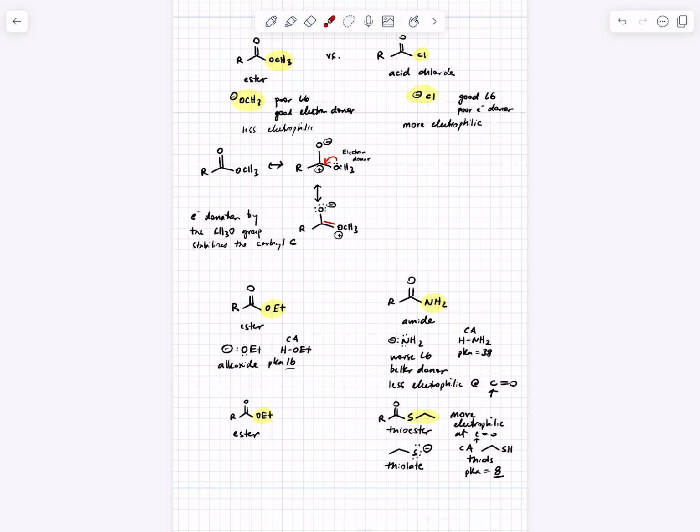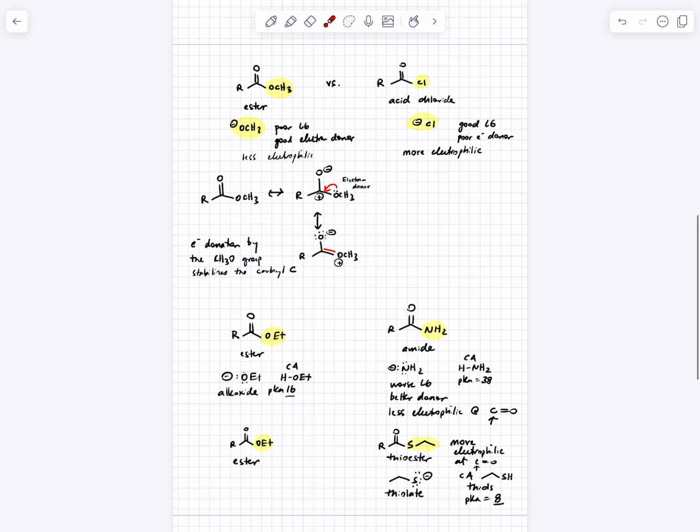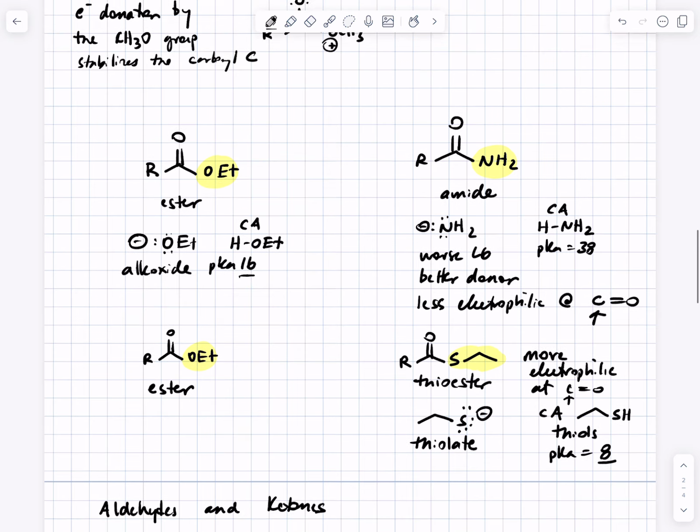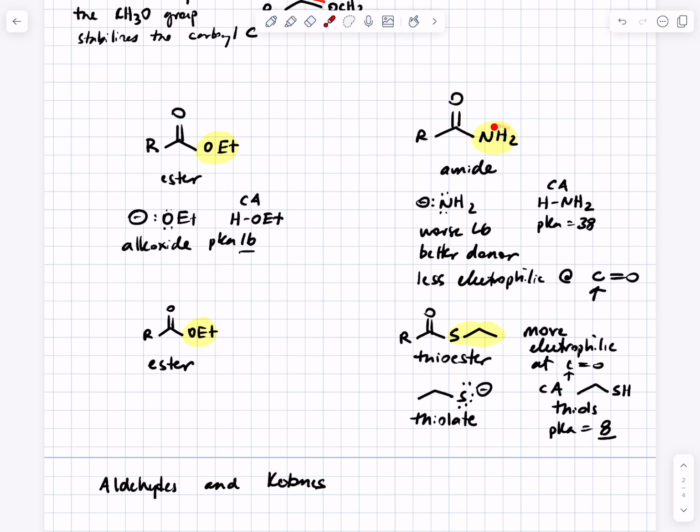Okay, one thing we need to talk about, though, as I alluded to earlier, is aldehydes and ketones. These are kind of weird, for reasons that will become clear in a second. Every time we've looked at a molecule so far where the Y group was a cruddy leaving group, the fact that it was a cruddy leaving group meant that it was a good electron donor.